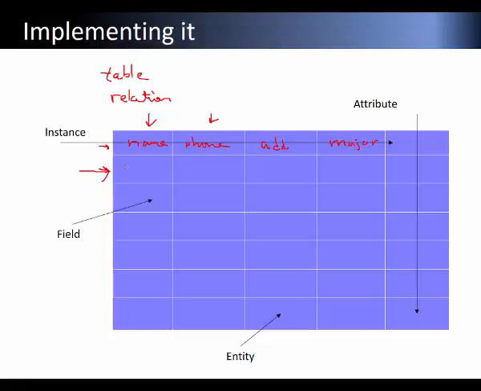And then the student table has Adam. One of the students is Adam. This is one object, so object 1. For Adam, we have a value for name, a value for phone number, 111, address, and major, cybersecurity.